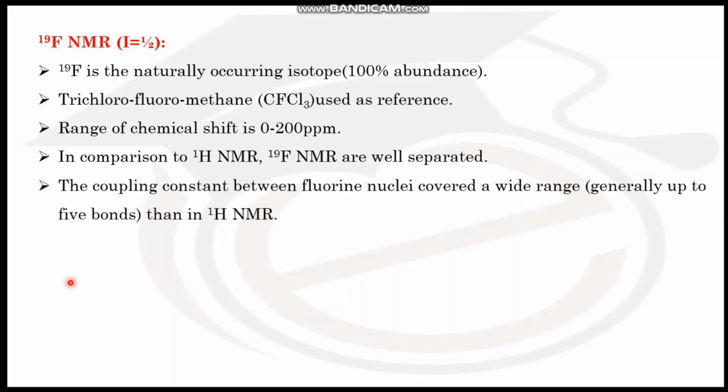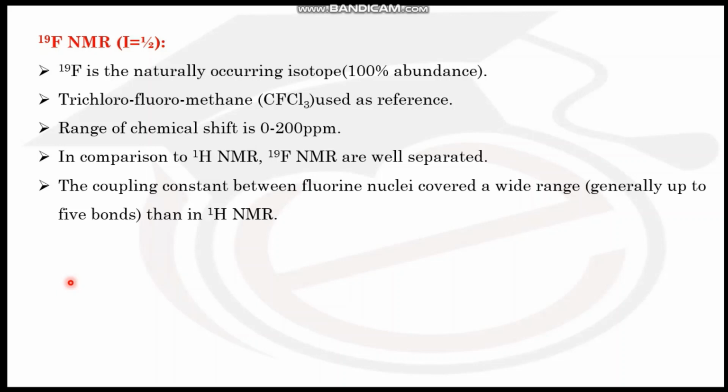Coming to the coupling constant, fluorine has a wide range, up to 5 bond coupling is possible. In HNMR, we have already said that J3, that means 3 bond coupling, is the maximum, though in some particular molecules more than J3 is possible.